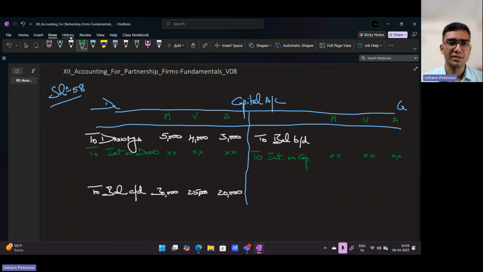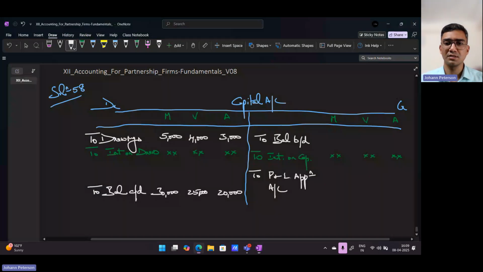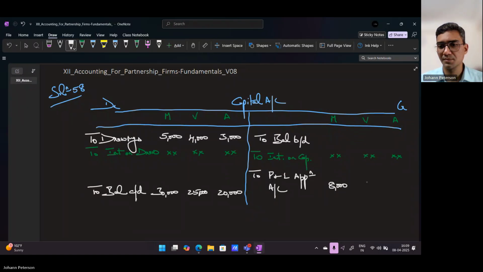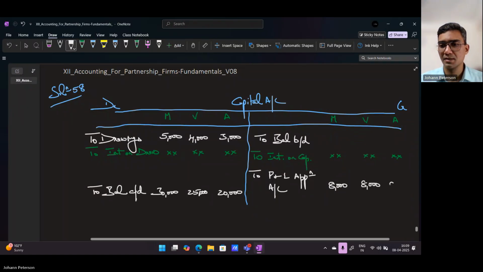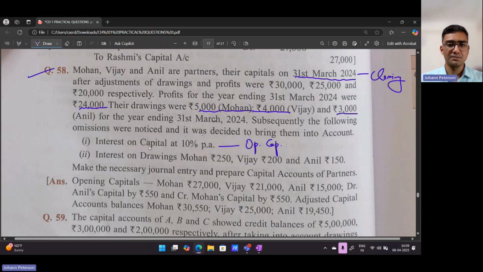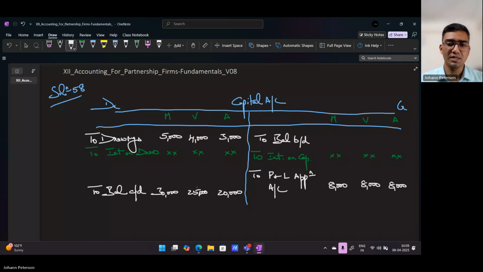So on the credit side, I'm going to write to profit and loss appropriation account, and the amount being 24,000, it means I'm going to give 8,000 to each. So this is in all our capital account. And through this, we have to calculate our opening capital.